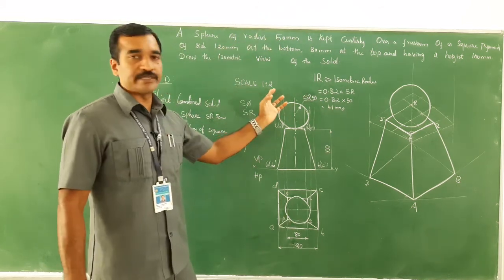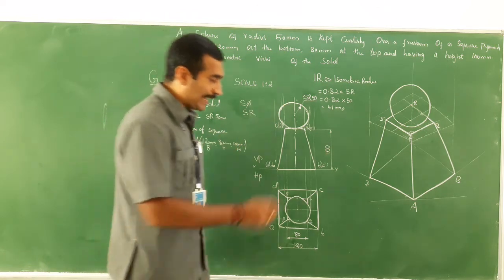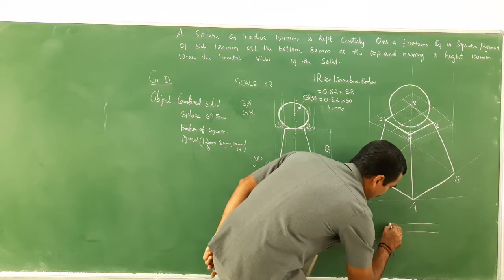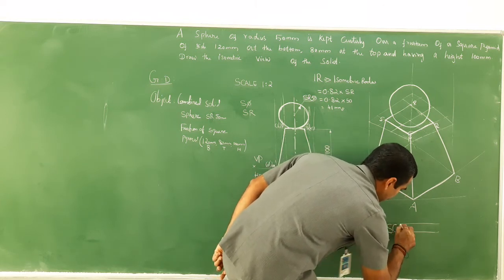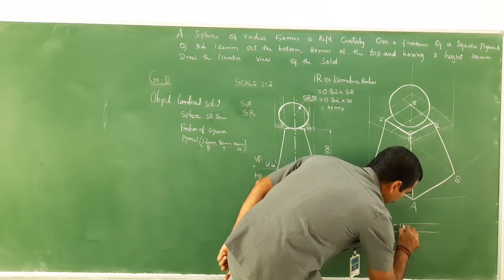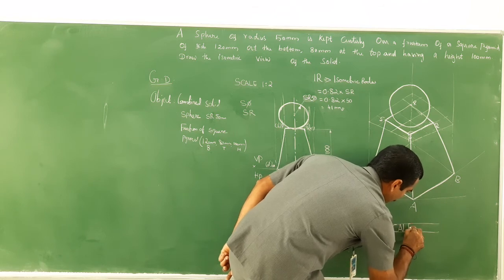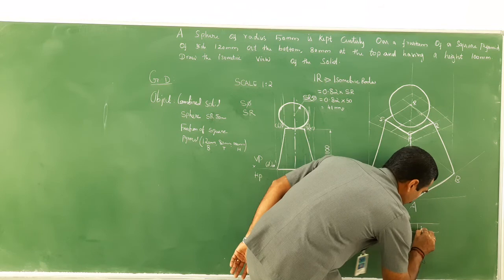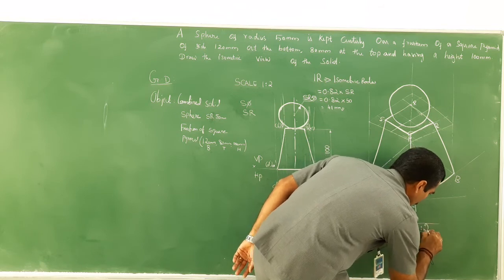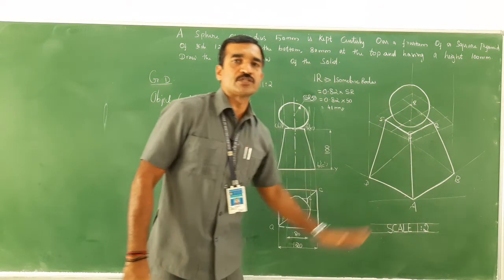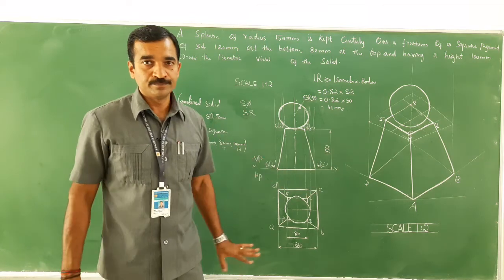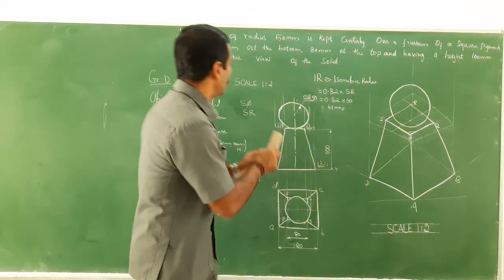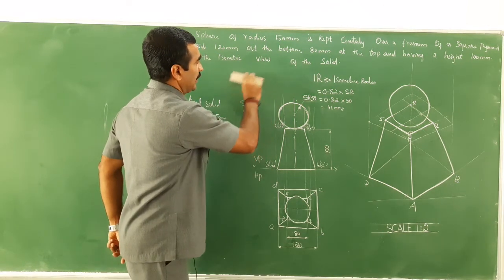But since you have considered a scale, that needs to be captured here. That is very important, because as an engineer, the diagram should be very clear. The diagram speaks. So 1:2, and all dimensions are in mm. Don't get confused, and you need not show the scale here.